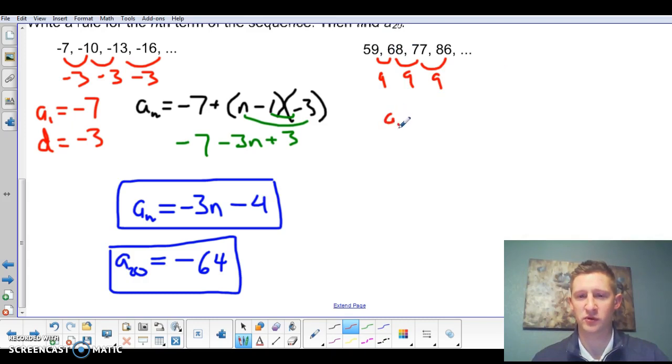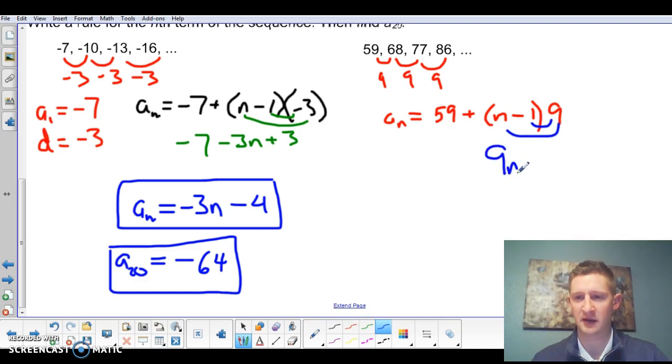So to write out my rule, the nth term is equal to the first term, 59, plus n minus 1 times the common difference, which is 9. Clean it up. Distribute. 9n minus 9. Add that 59 that was out in front. 59 minus 9 is 50. So in the end, to find the nth term of this sequence, I take 9 times n and I add 50.